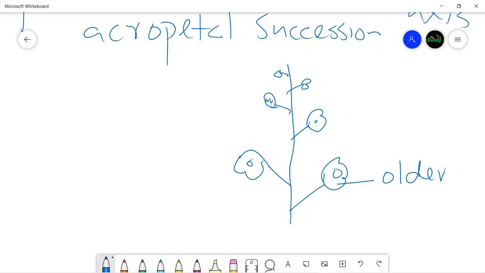They were born first, and these are the younger flowers, and at the very top you will find floral buds. So this is acropetal succession, and this is a very basic pattern or structure of a racemose inflorescence. So in the family Brassicaceae, the inflorescence is racemose.